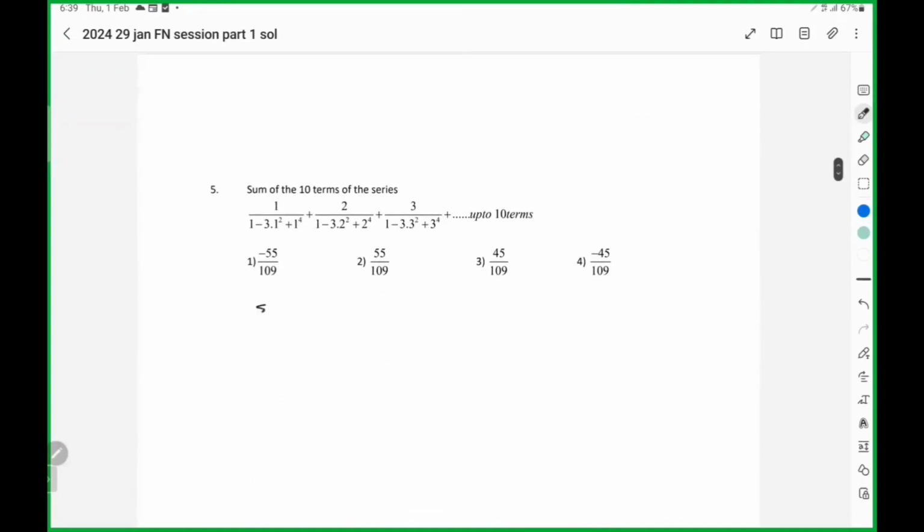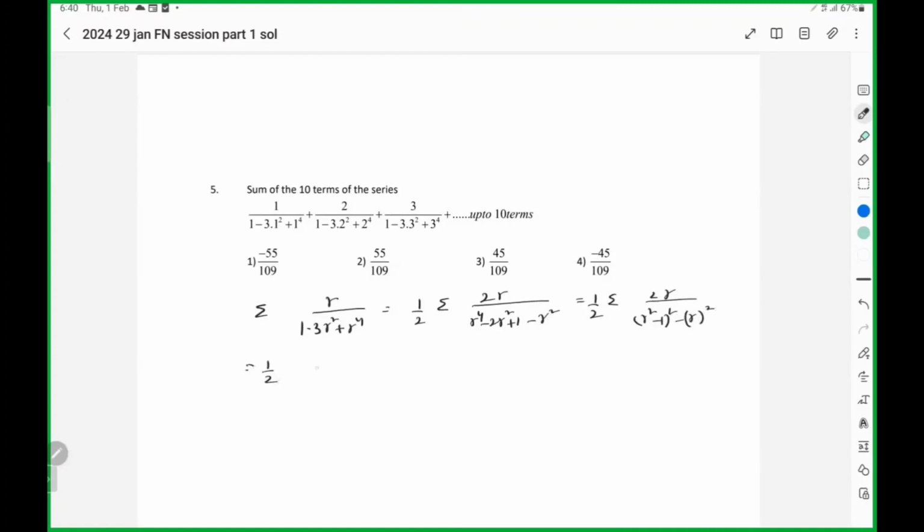This one is of the form sigma r/(1 − 3r² + r⁴). That is 1/2 sigma 2r/(r⁴ − 2r² + 1 + r²) ... 2r/(r² − 1)².